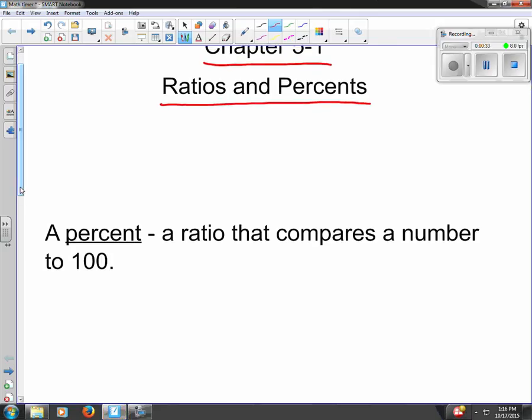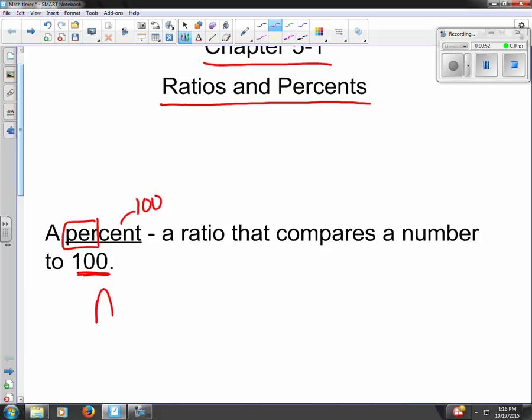Okay, so a percent, just as a review, is a ratio that compares any number to 100. Per cent means 100. That's why when you have a penny, it's 1 cent.